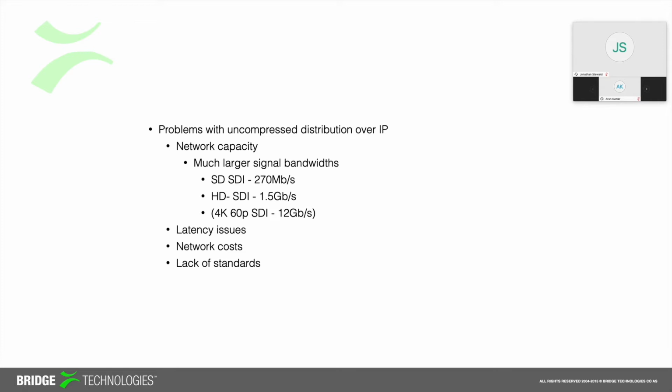Network costs have come down, and lack of standards until recently was also a problem. Lack of standards, network costs and network capacity have, to a greater or lesser extent, been obviated now, and these are no longer barriers to getting sufficient bandwidth through a network.